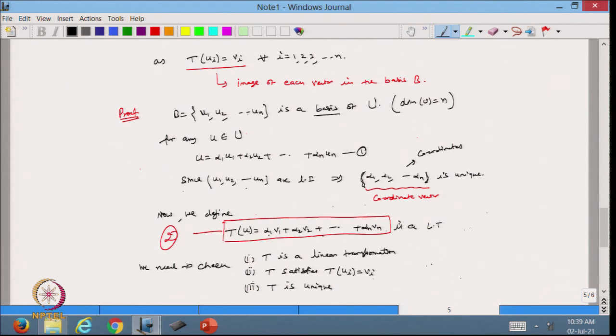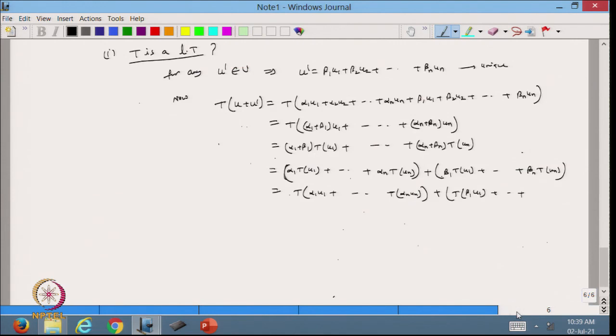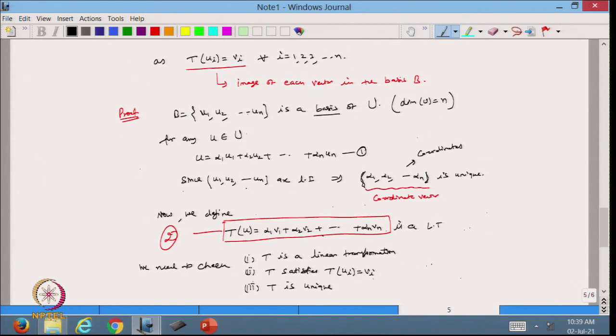So T of u is alpha 1 alpha 2 alpha n, where u is written like this. I am taking T of u plus u', and this comes from equation 2.